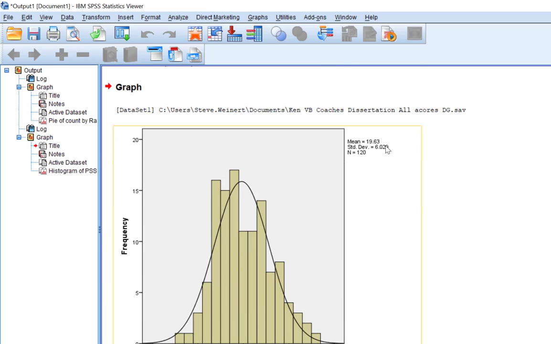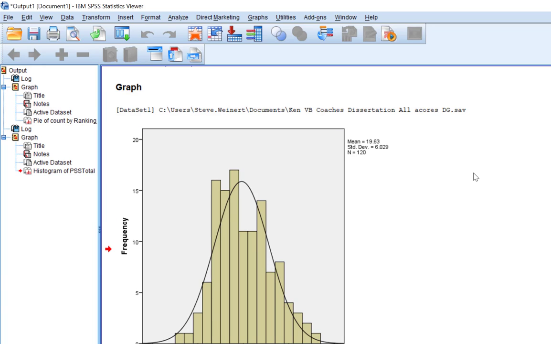Okay. So the average of TSS total was 19.63, standard deviation of 6.029. So if you multiply that times 1.96, that'll tell you where 95% of the scores lie. And I assume that's how you got the 27. So let's see.